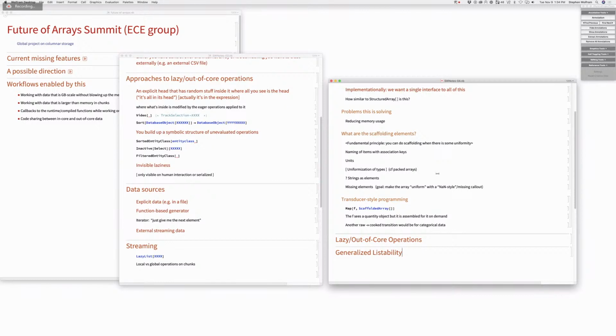Right. Okay. So I just want to bucket the things we're talking about here. We're about to see the demo from Leonid of lazy stuff, which is going to be the beginning of this discussion of general out-of-core operations.